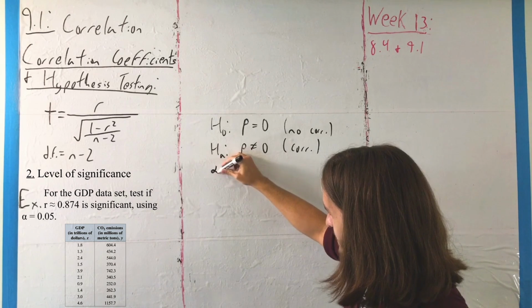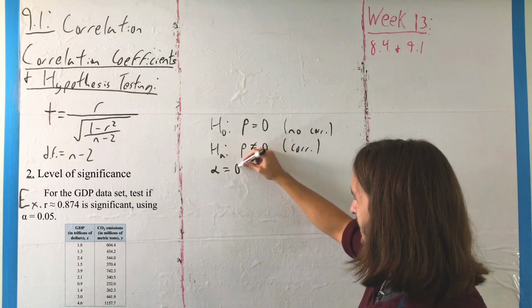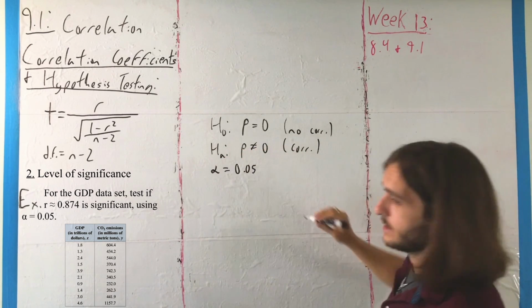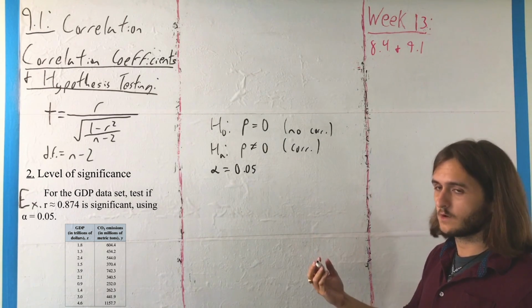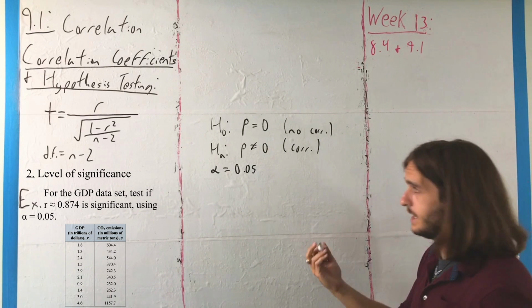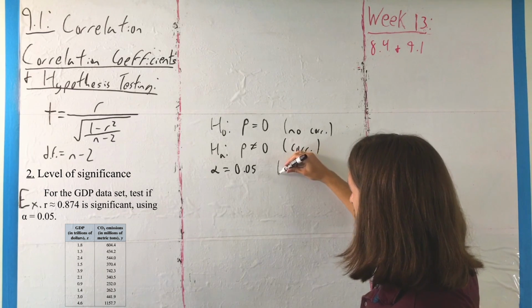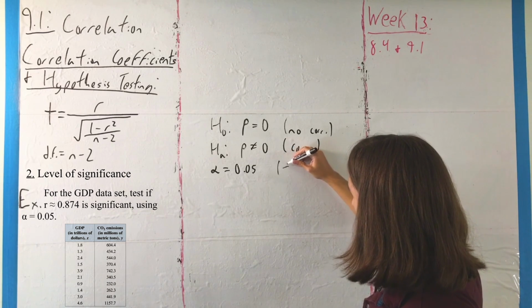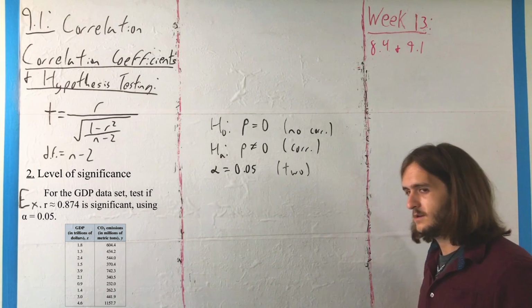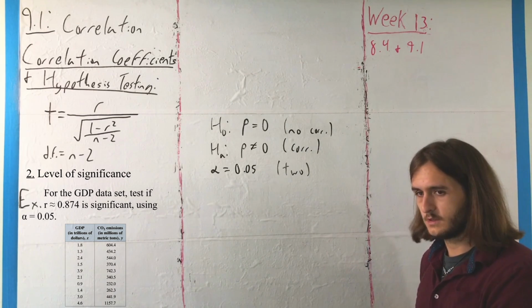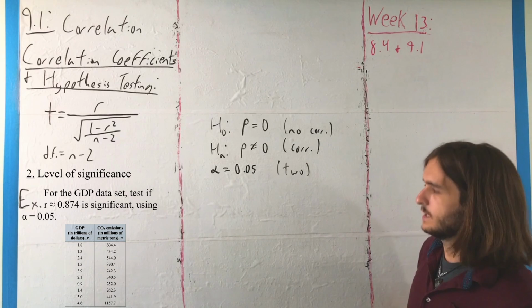Alpha is 5%, where because our alternative is that there is some correlation, not positive or negative, just any, this, like our previous tests, with a strict non-equals inequality, is going to be two-tailed.